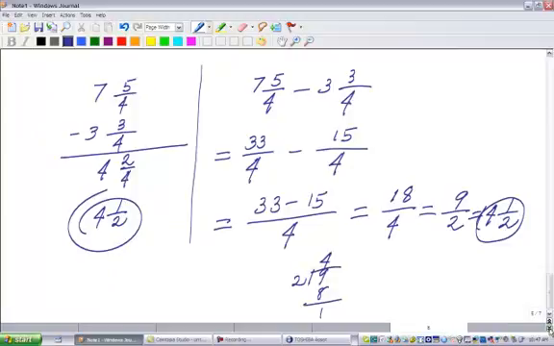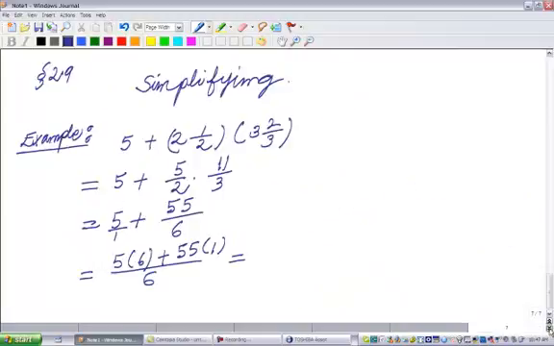What is that? 30 plus 55? 85 divided by 6. Okay, is 85 divisible by 3? No, it's not divisible by 3.